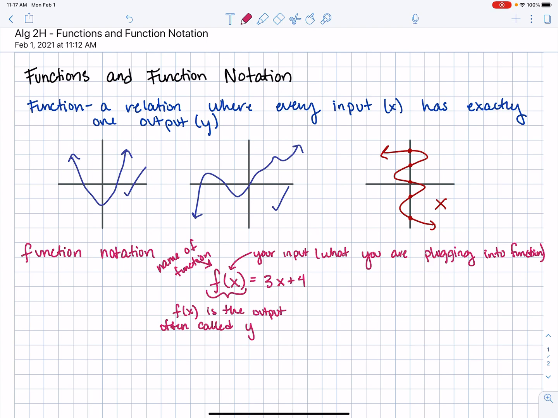But when we have functions, we isolate that f of x. And then of course we actually have our real function. So this is our function, 3x plus 4 in this case. It's the function, or what we might call the rule back in Algebra 1, of what's going on. So kind of the manipulation of that input to get your output.